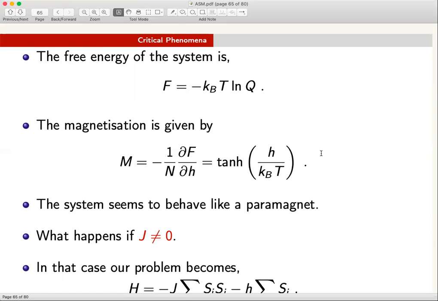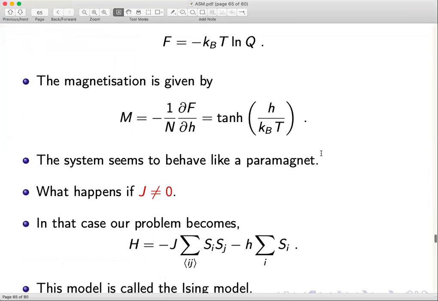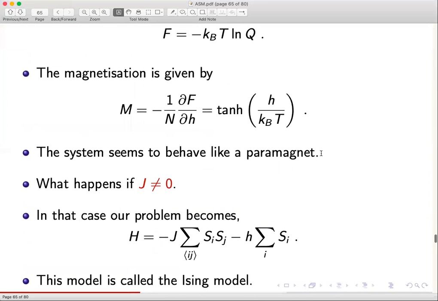Then we wanted to ask a question: what if we turn on J? If J is not equal to 0, then our Hamiltonian is the one that we had written down, H equals minus J summation over nearest neighbors Si Sj minus h times summation over i Si.